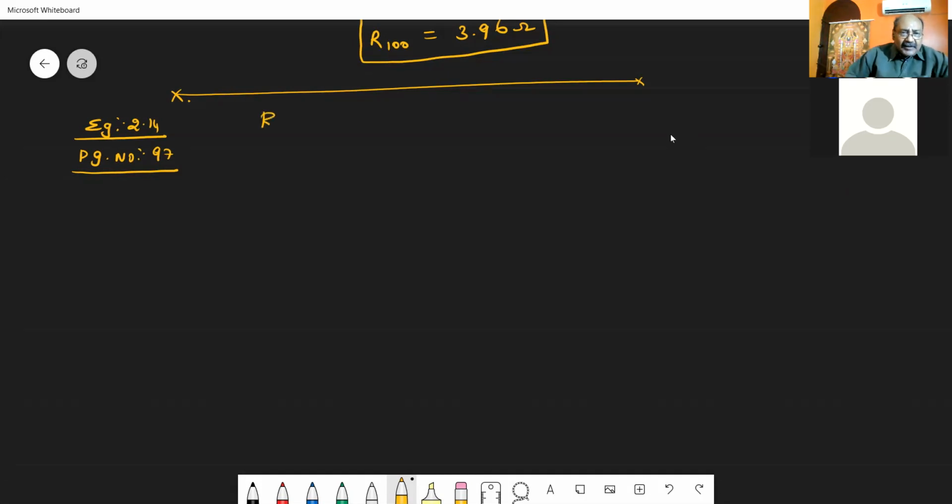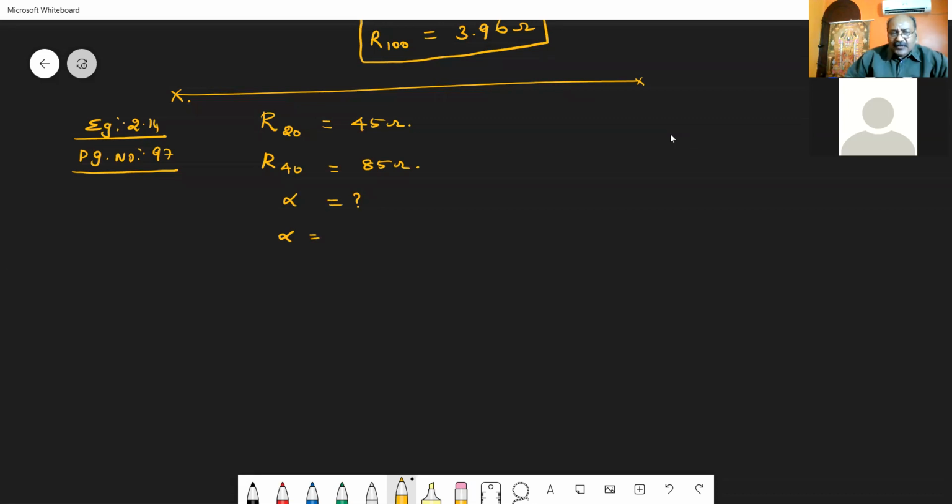Resistance at 20 degrees Celsius is taken to be 45 ohm and resistance at 40 degrees Celsius is given to be 85 ohm.